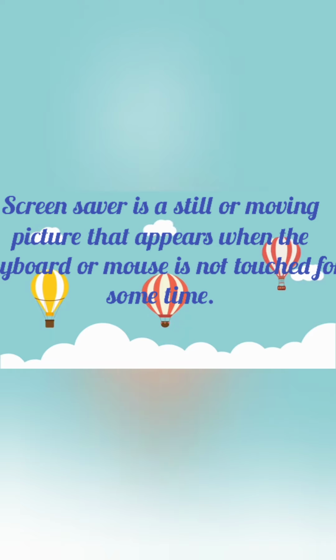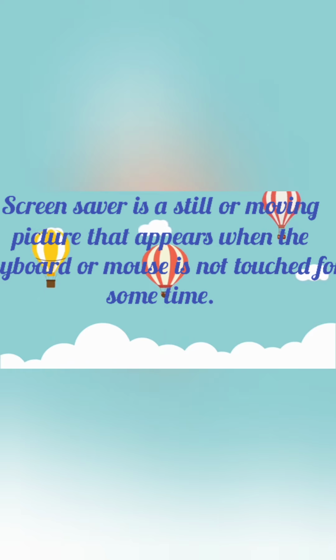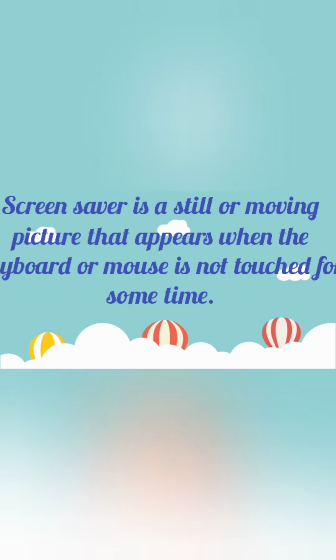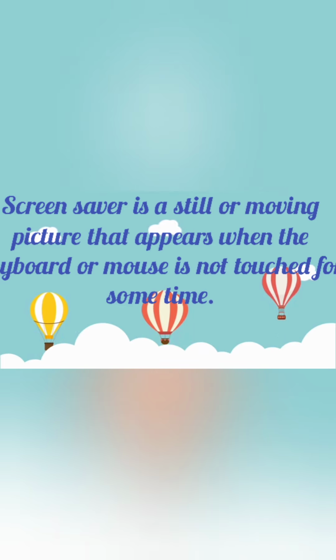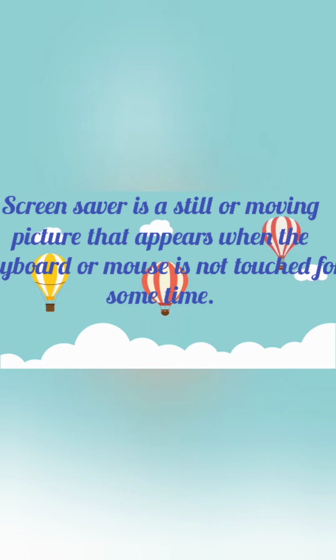The moment we touch the keyboard or mouse, the screensaver disappears and our computer screen is open there. Now we can check how to set screensaver in Windows 7.